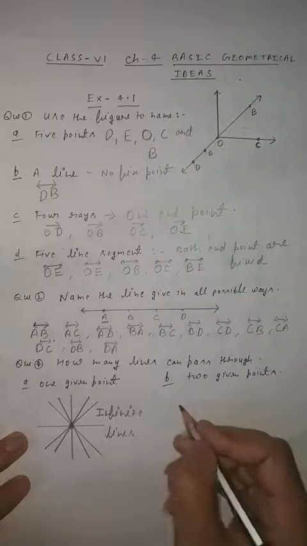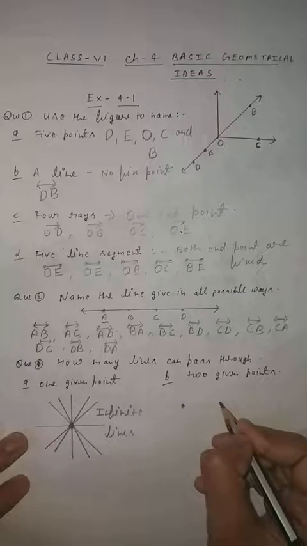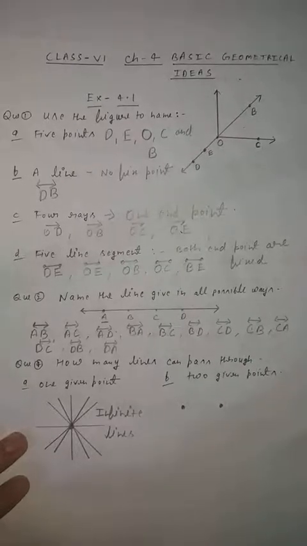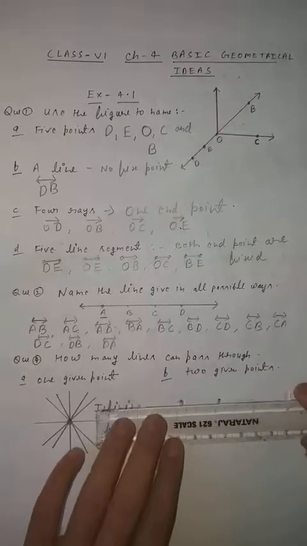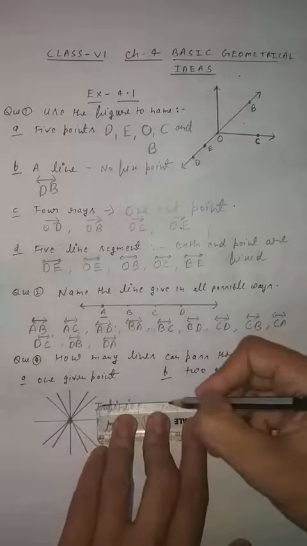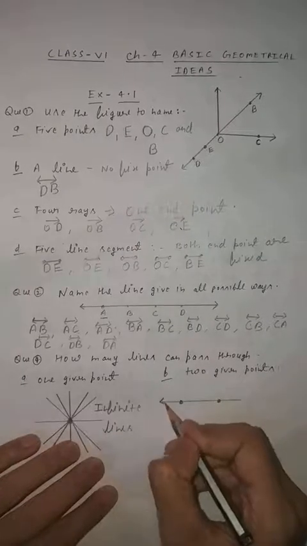Now two given points. Let us assume here one point is given and here another point is given. Clear? So if 2 points are given, students, how can you draw the line? You will draw like that. So how many lines can you draw? Only one line you can draw, students.